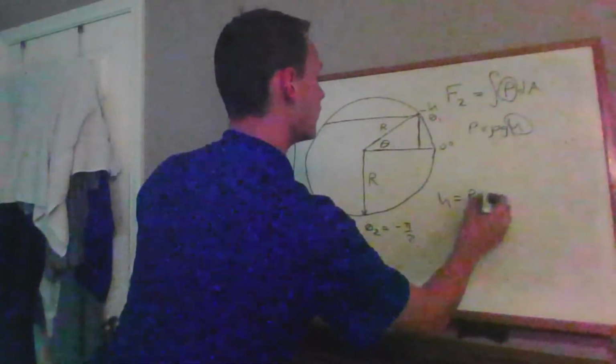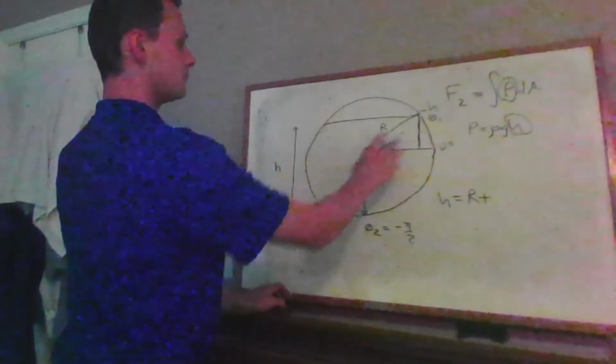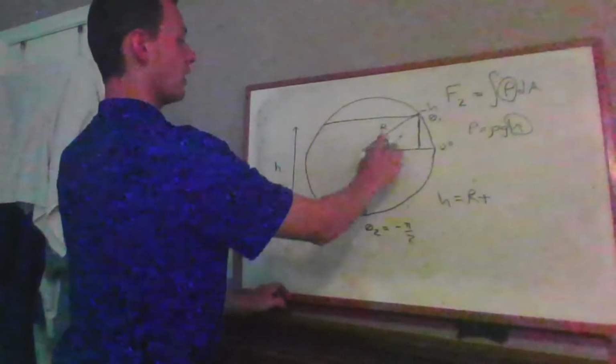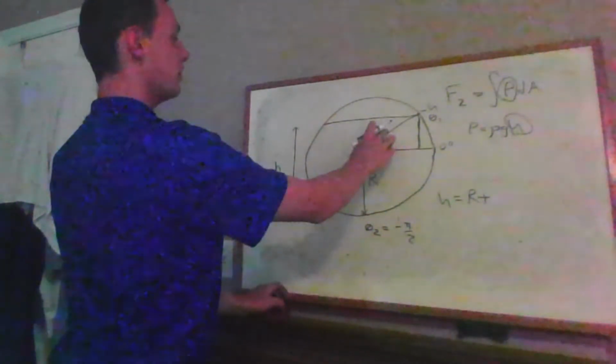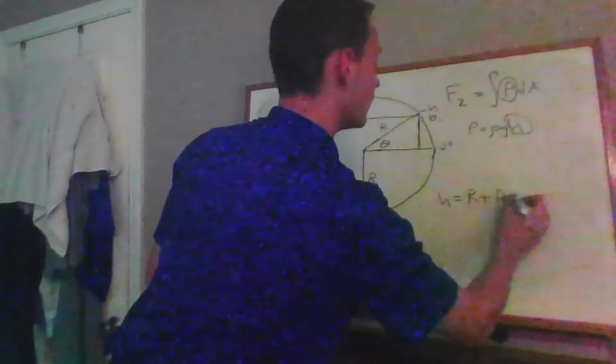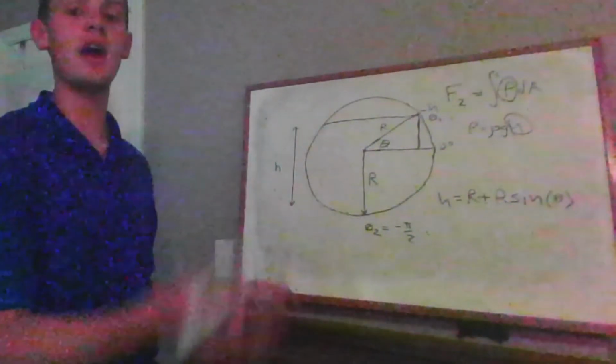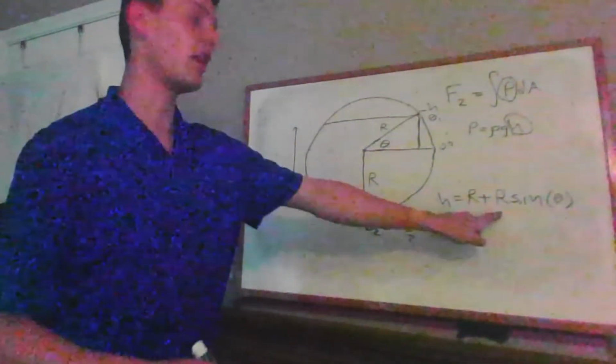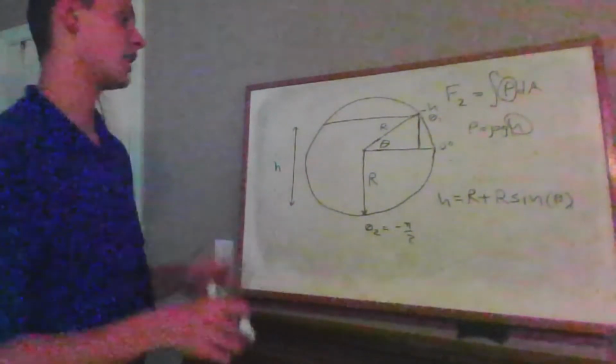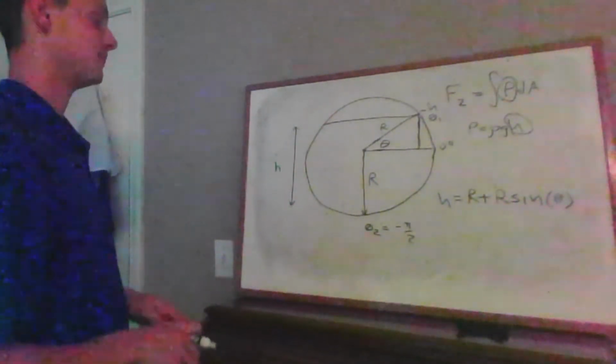So what is that going to be? Well, h is definitely going to be r plus something. And then this here, so this is opposite over hypotenuse. So this would be r sine theta, right? Because sine theta is opposite over hypotenuse, you multiply the hypotenuse r against sine theta. So there you go. So that's your height.